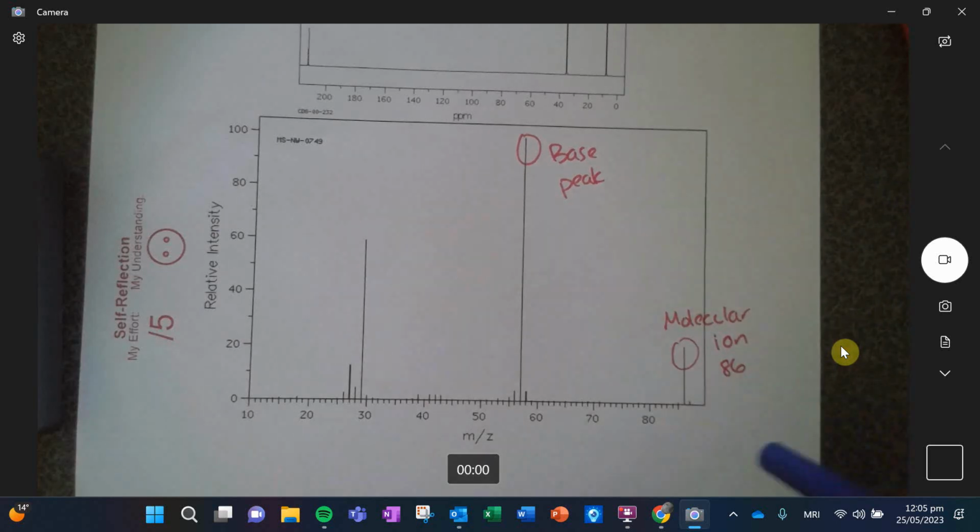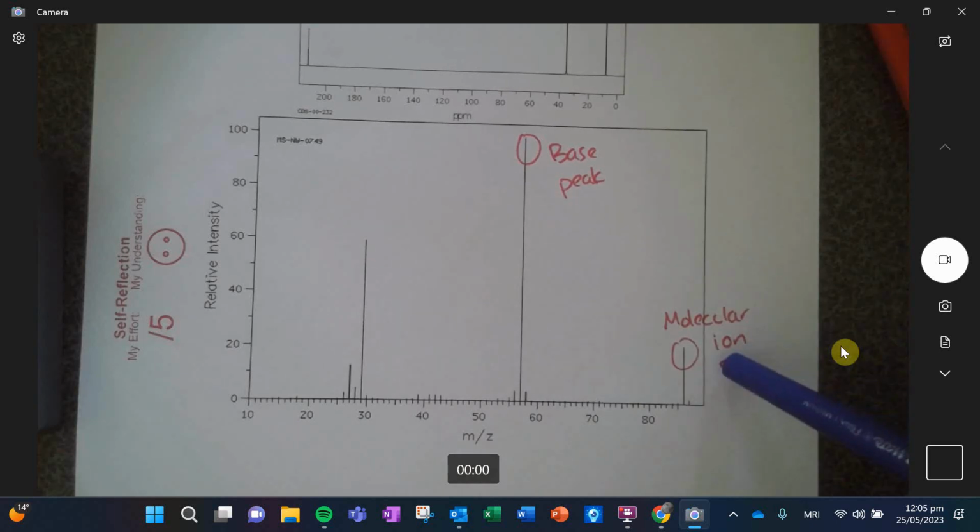Just as a reminder, with the molecular ion, there are going to be 3 situations. First situation, molecular ion is very obvious. It is the rightmost peak, and it is the mass of the molecule. So if it's really obvious, I won't label it. You will have to label it. If it is tiny, and I don't think you're going to be able to see it, I will give you one of 2 hints.